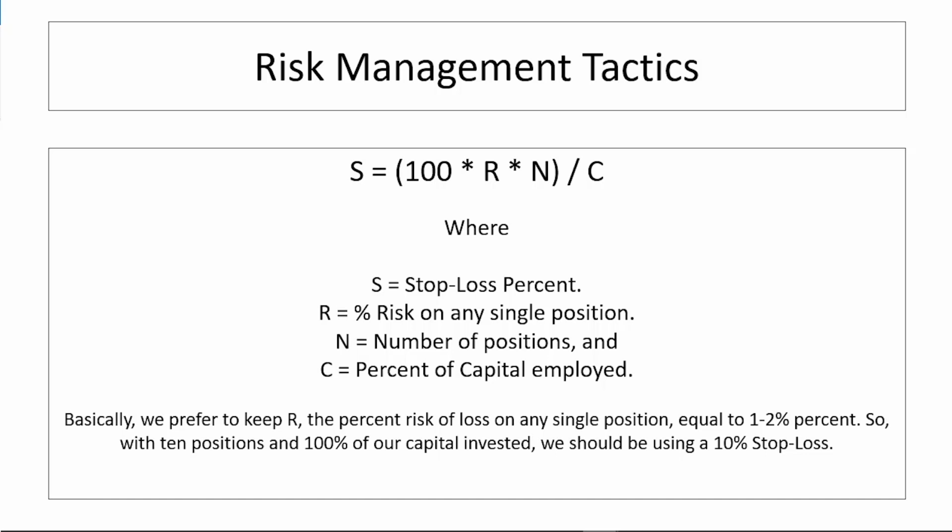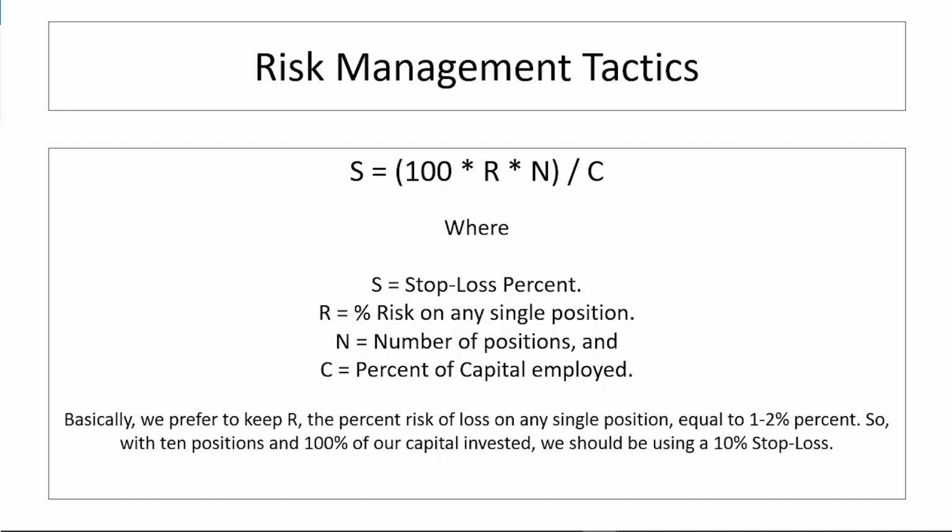Don't risk any more than 1% of your overall portfolio value on any single position. So with 10 positions and $100,000, and 100% of that invested, we should be using a 10% stop loss. 1% of $100,000 is $1,000, so we don't want to risk or lose any more than $1,000 on any one position.